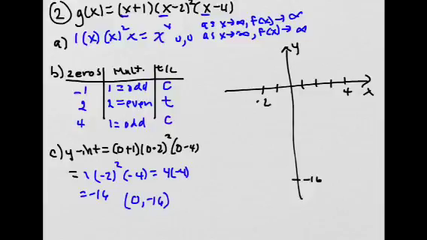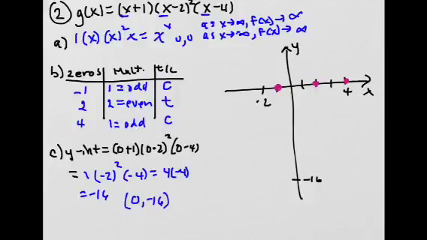Okay, so here's a graph. I made sure that negative 1 through 4 fits on the x-axis. I labeled my y-intercept 0, negative 16, and we're ready to go. So first we plot the x-intercepts, negative 1, 2, and 4.